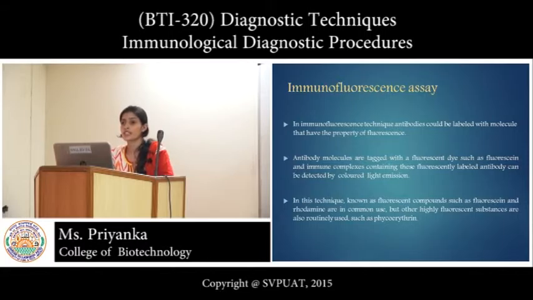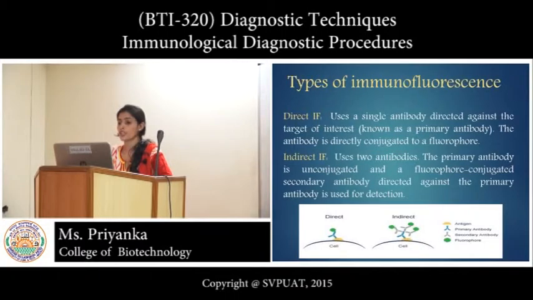The antibody is first labeled with fluorescent molecules. Commonly used are rhodamine, and some others such as phycoerythrin. So on the basis of fluorescence, we measure the antigen-antibody reactions.